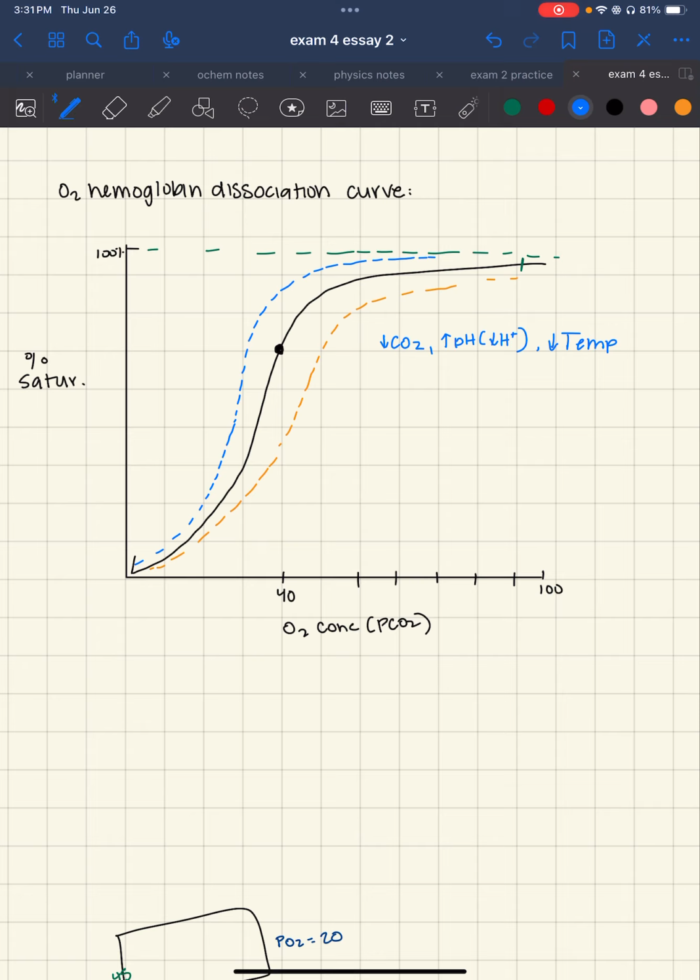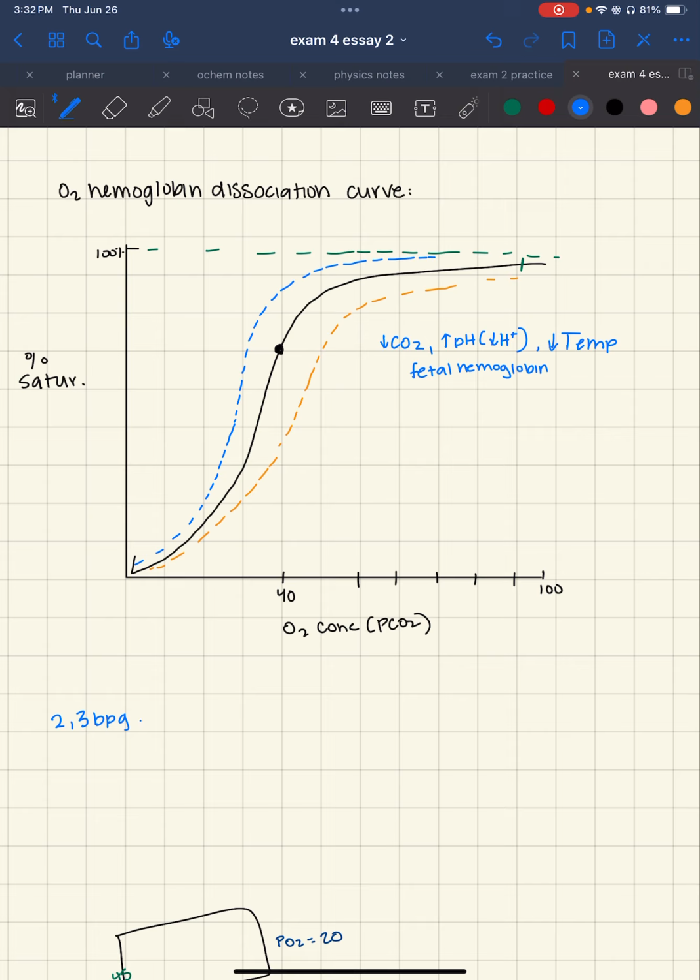Another way that we can do this is with fetal hemoglobin. And the reason that this works is a really cool molecule called 2,3-BPG. And 2,3-BPG has this really cool affinity to bind to hemoglobin, and it kicks oxygen off way faster.